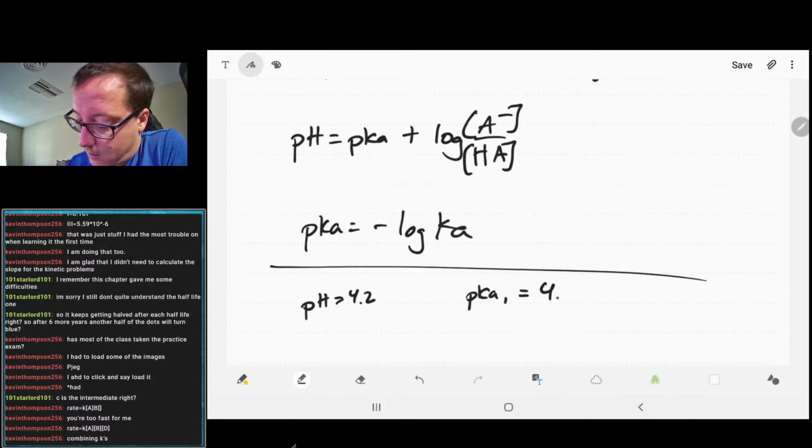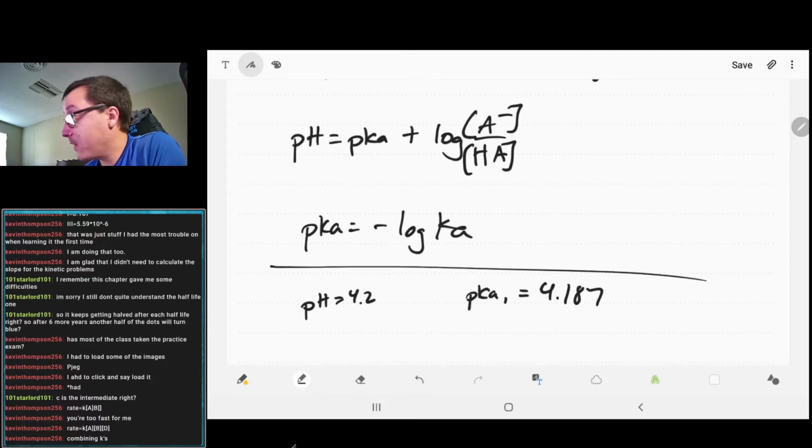So we get a pKa of 4.187. For HCN, honestly, we can get rid of it because its pKa is going to be way higher, but let's go ahead and do it anyway. Negative log 4.9 times 10 to the negative 10.